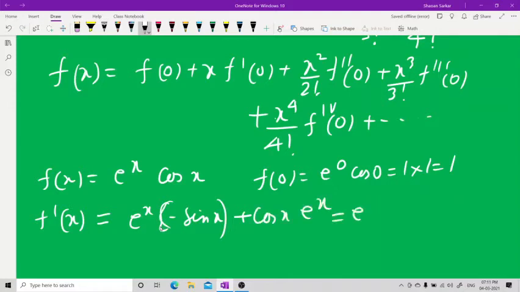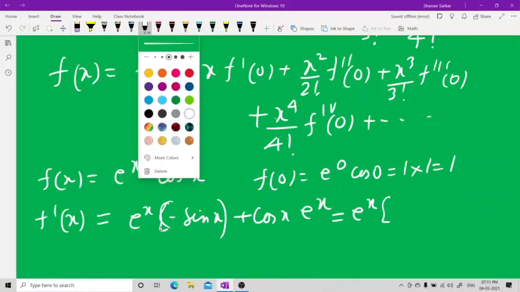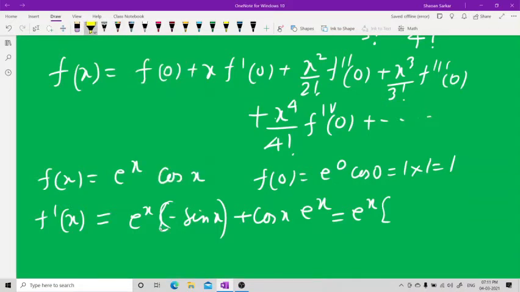Take e to the power of x common, you have e to the power of x times cos x minus sin x.